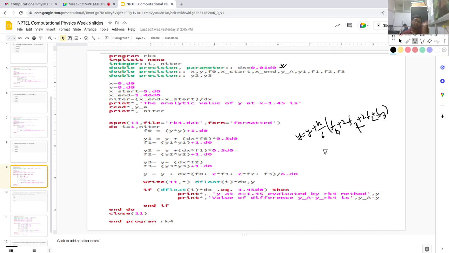This will be the formula which will update the value of y.